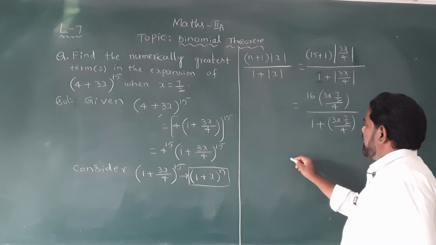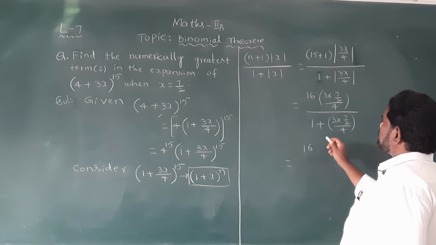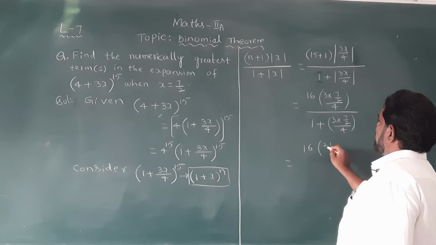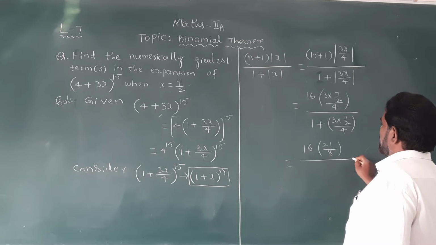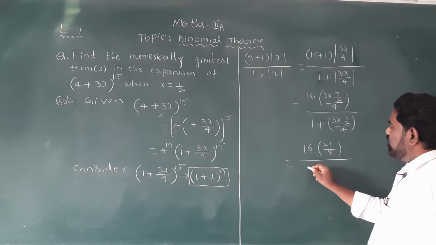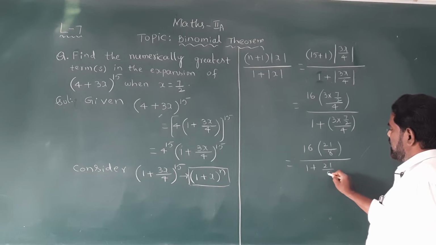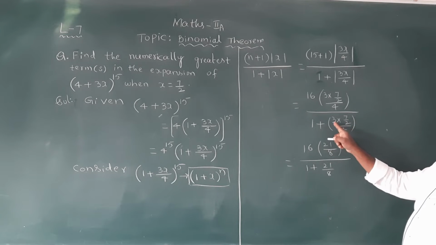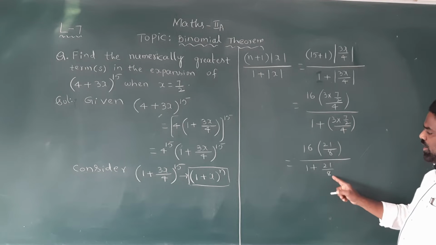This can be taken as 16 into 3 into 7, 21 by 8, all by 1 plus 21 by 8. 3 sevens are 21 by 2, 2 fours are 8.